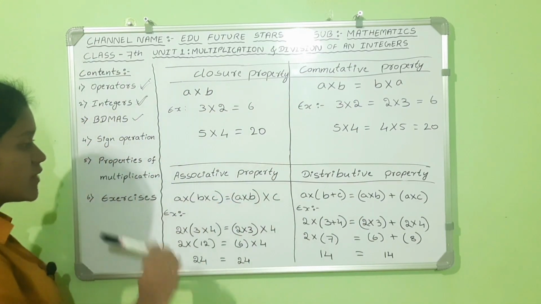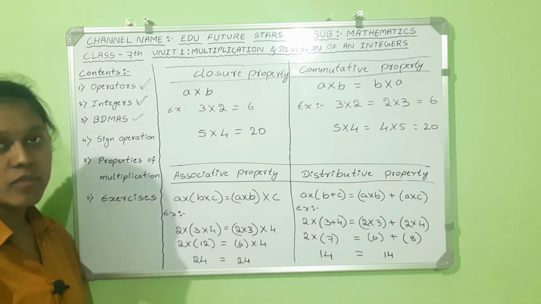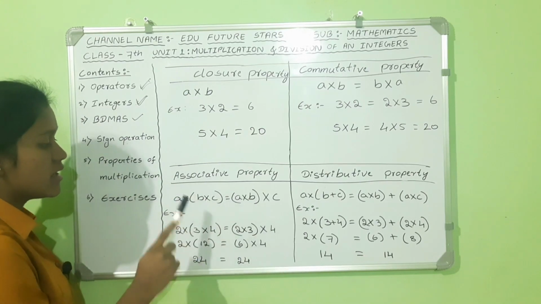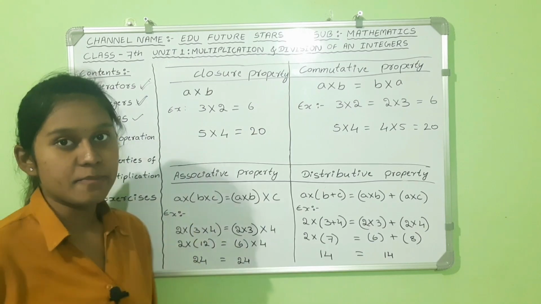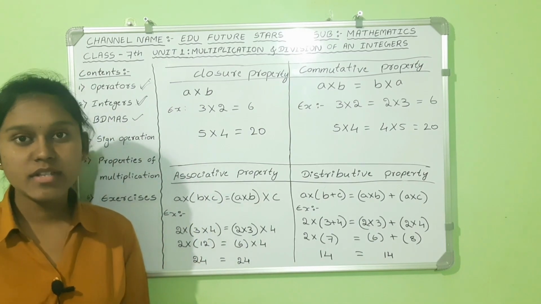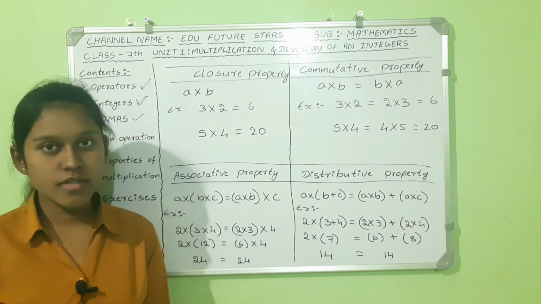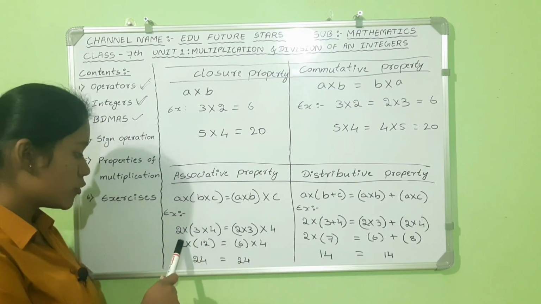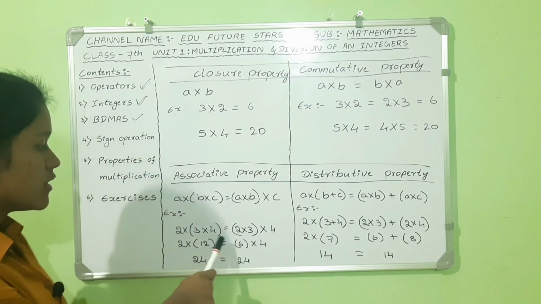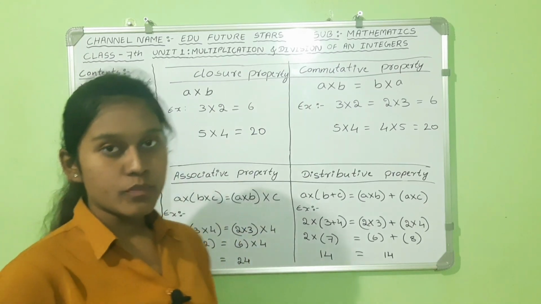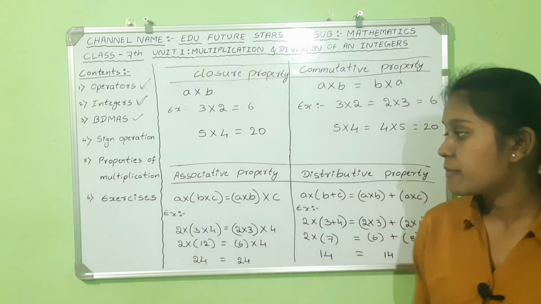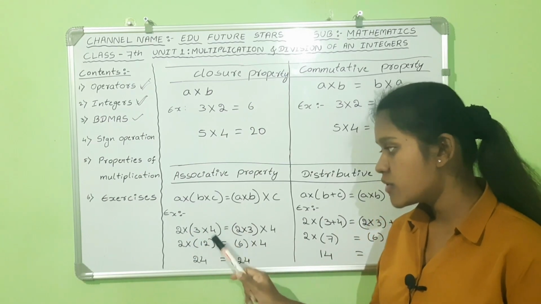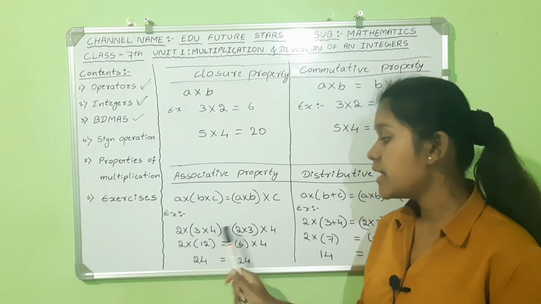Next we have associative property. In this associative property, we have 3 terms, A, B and C. These 3 terms are also integers. Here I have given examples 2, 3, 4 and here also 2, 3 and 4. So basically what I did here: 2 into, I closed the bracket, I grouped 3 and 4.